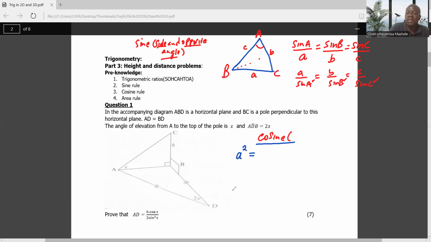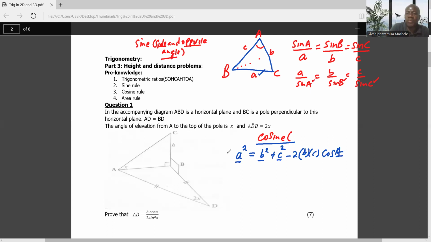Since you already used a, what are the other sides? Obviously, it will be b squared plus c squared minus 2 times b times c, times the cos of the angle. The angle that we put should be opposite to this side, so it's small letter a.